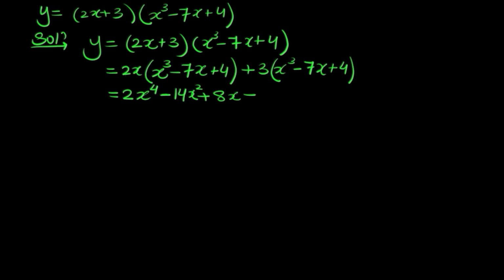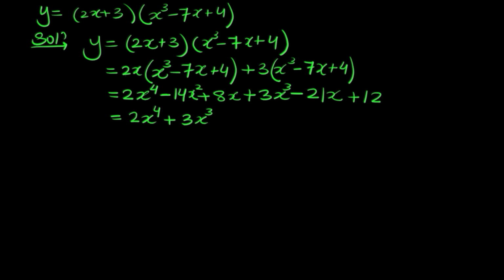Here plus 3 into x cube, 3 into x cube, plus 3 into minus 7 is minus 21x, and plus 3 fours are 12. Now we have to solve. Only one term has x raised to 4, so we write 2x raised to 4. The second power is less than it, x cube, so plus 3x cube.